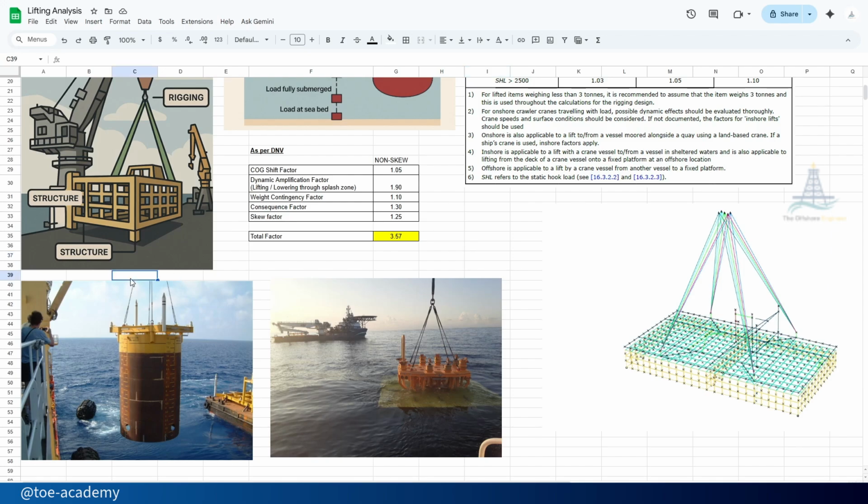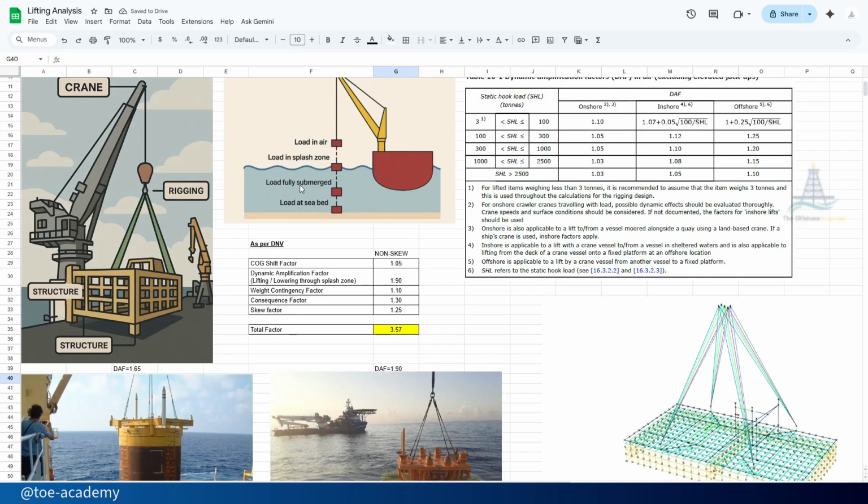And if the structure has a mat, something like this, the DAF value is equal to 1.9. So this is 1.9 we are considering. Whereas if we are going to fully submerge, you can consider a DAF value of 2 as well.